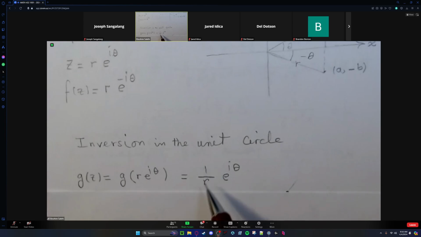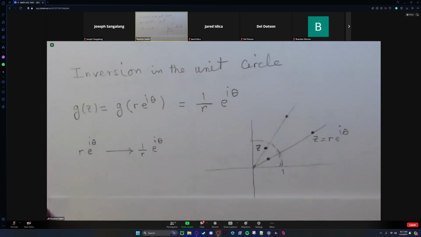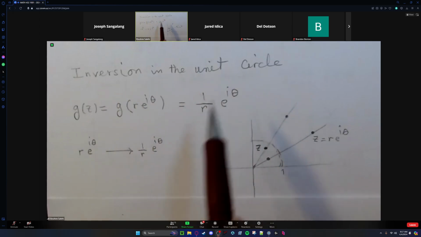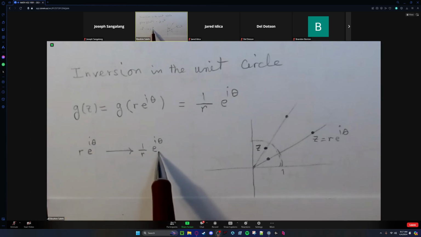The modulus will be reciprocated, but theta not. And here is why the unit circle comes into play. So all we do in inversion in the unit circle, we send r e to the i theta to 1 over r e to the i theta.